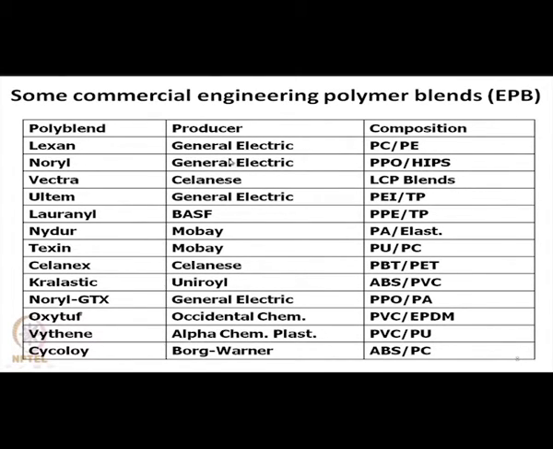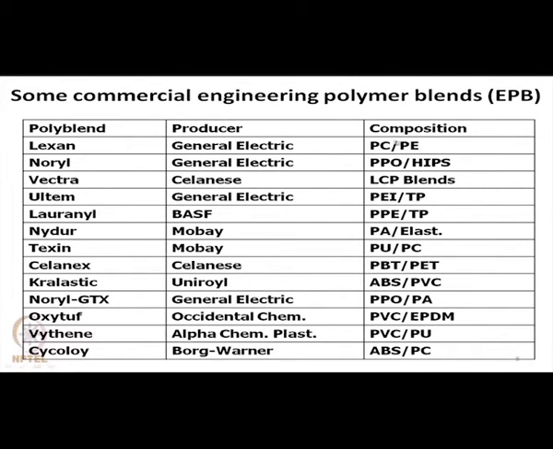Just to mention a few, say Lexan is the trade name, the manufacturer is General Electric Company, and the component polymers in that blend are polycarbonate and polyethylene. You see, it is fantastic. Polycarbonate is a polar polymer, it is an engineering polymer. Polyethylene is a non-polar hydrocarbon polymer.